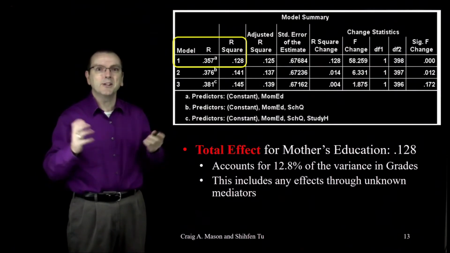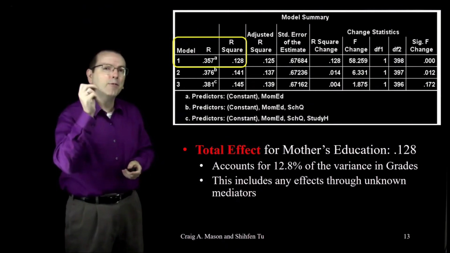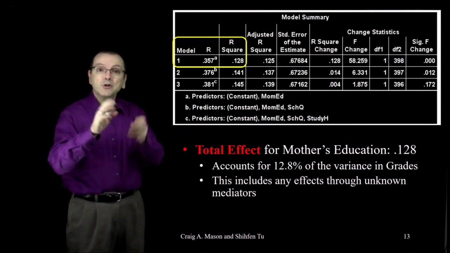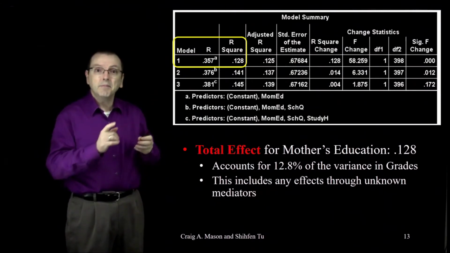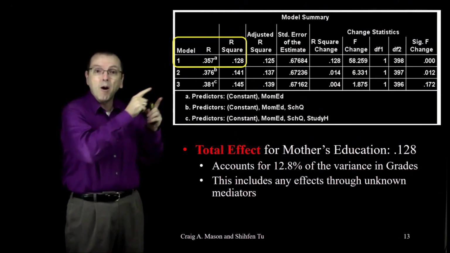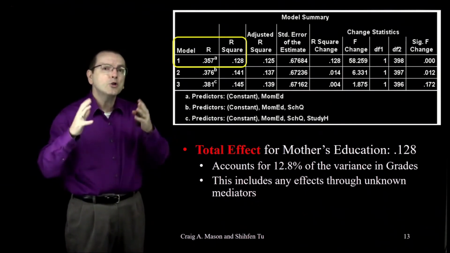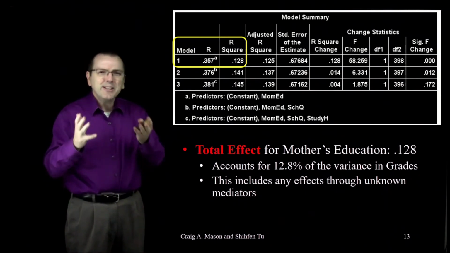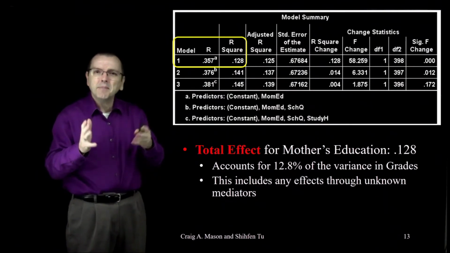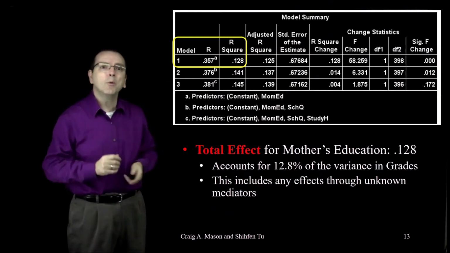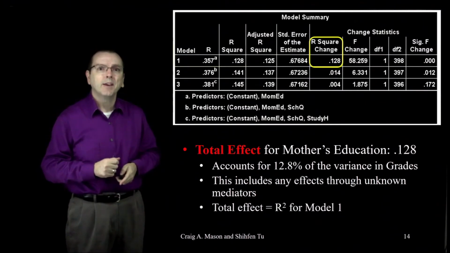It's just mom's education. But if those indirect effects actually exist, those indirect effects are here. They're part of that 12.8% of the variance. They're part of the total effect. We just can't see them yet until we add more variables to the model.